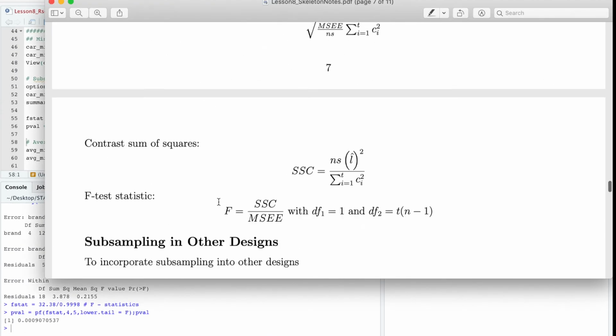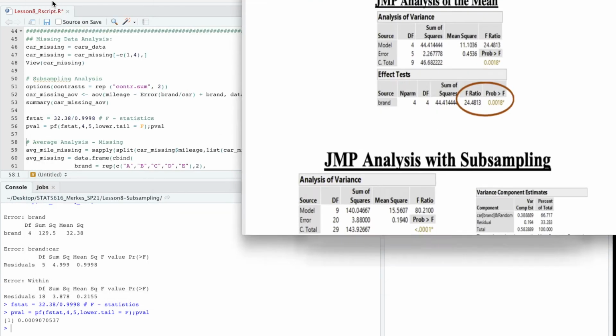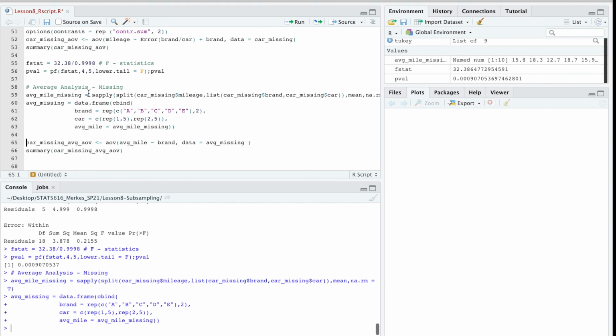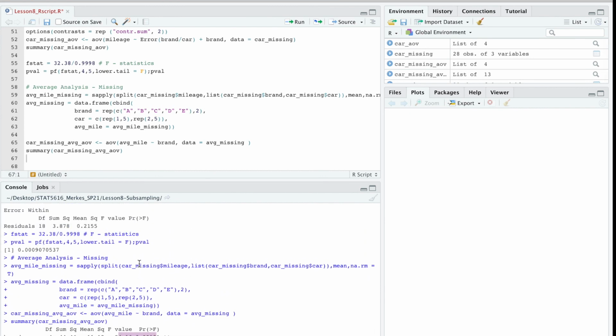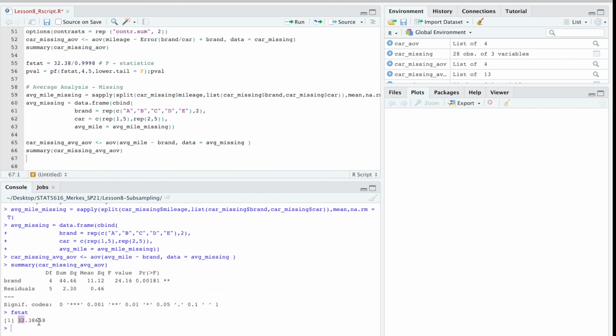Again, if we looked at our JMP result, I didn't put those answers in there. Forgot about that. But this will match our JMP. And then if we were to average over the missing data, we'll notice that this result and our F-stat are not the same. With that, you should be able to rock out your homework.